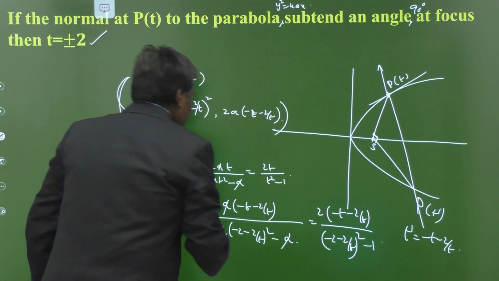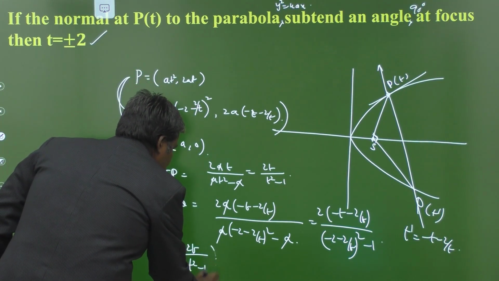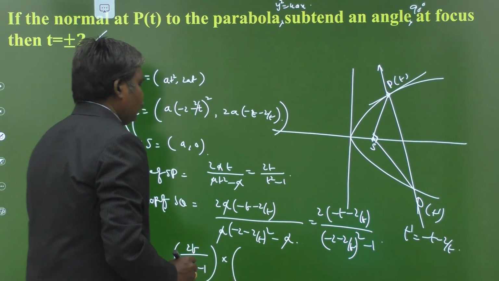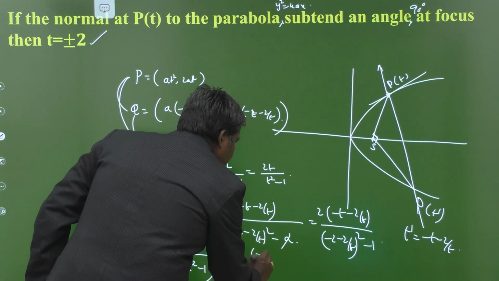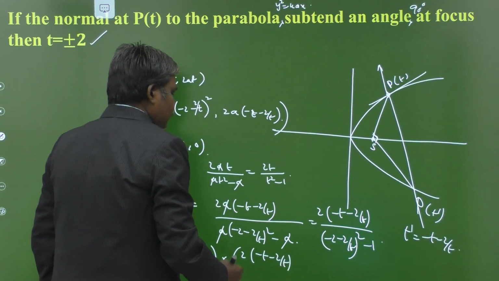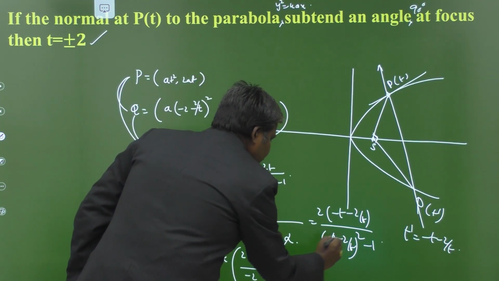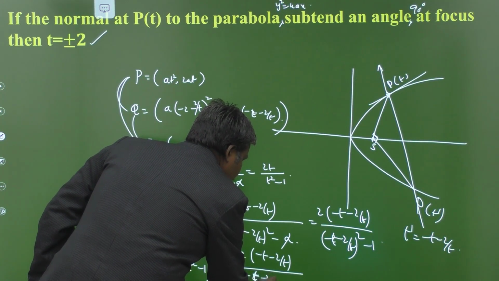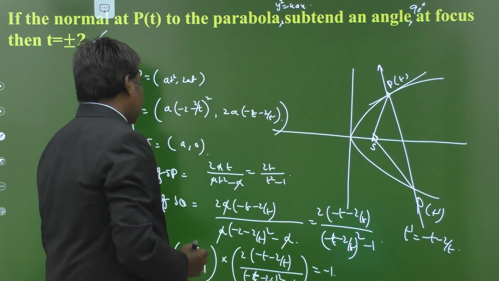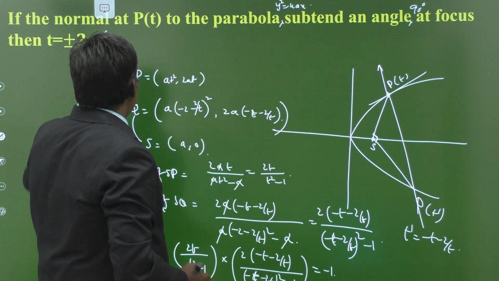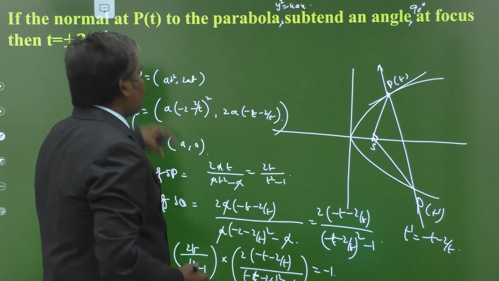So take the product of slopes as minus 1: 2t by t square minus 1 into 2 times of minus t minus 2 by t by minus t minus 2 by t whole square minus 1 is equal to minus 1. T equal to plus or minus 2. You have to show from this equation that t equal to plus or minus 2.